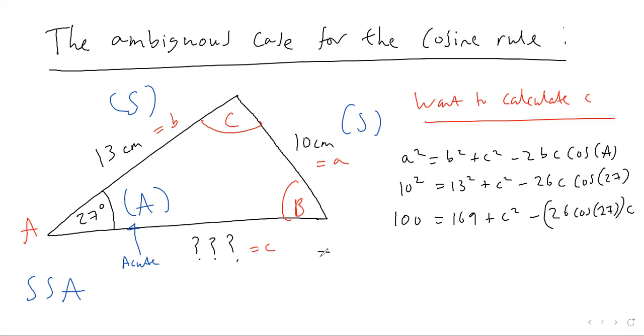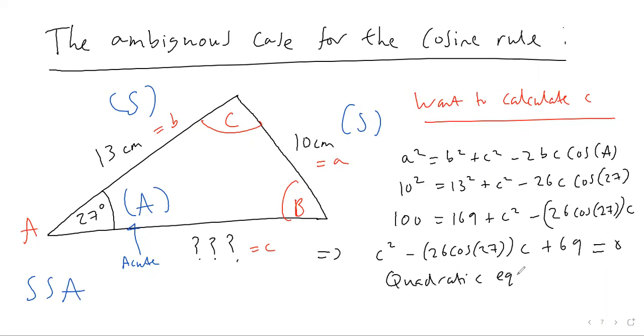So we're going to have a quadratic equation. If we take away the 100 from both sides, we'll get c squared minus 26 cos 27 times c, and then 169 take away 100 will be 69. So plus 69 is equal to 0. Now we've got a quadratic equation.